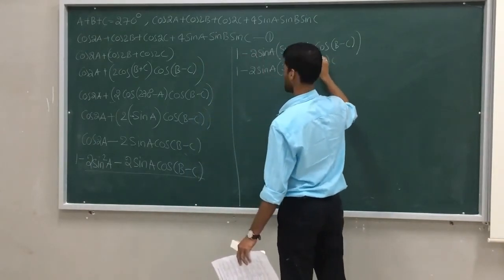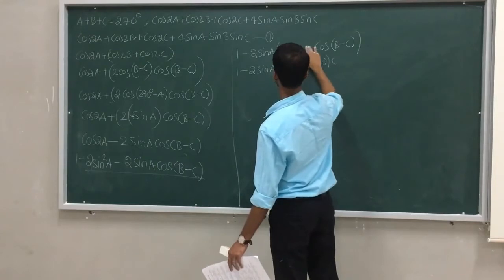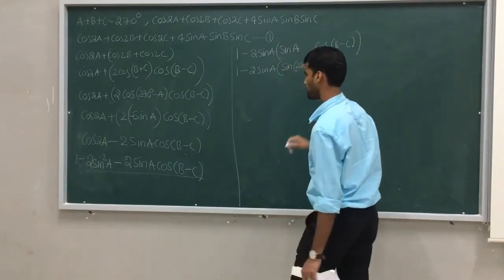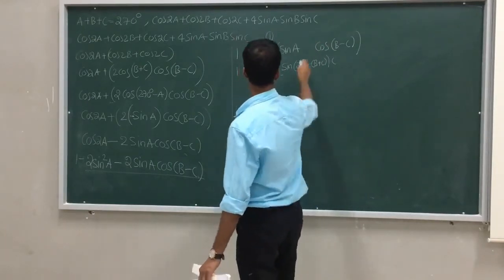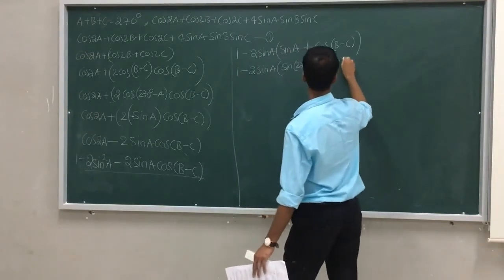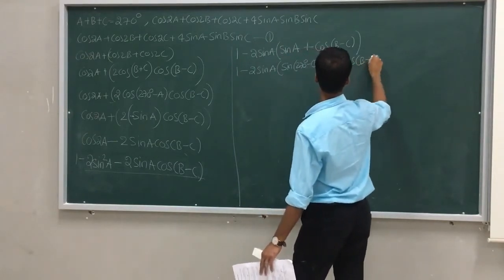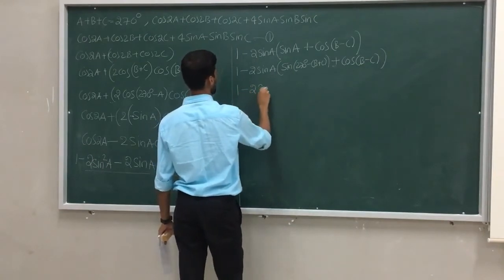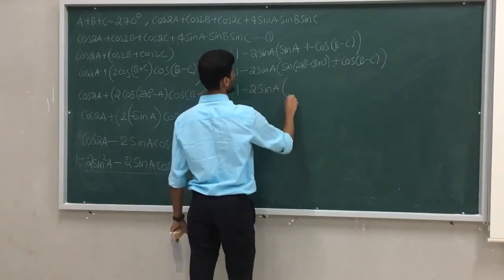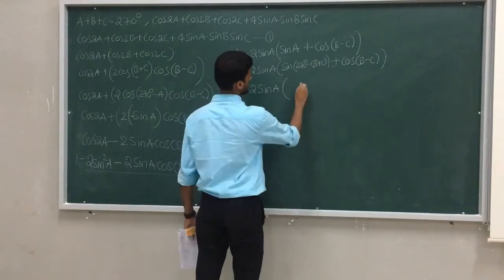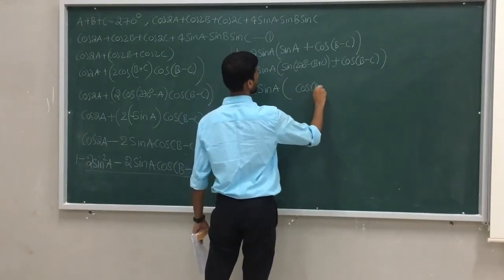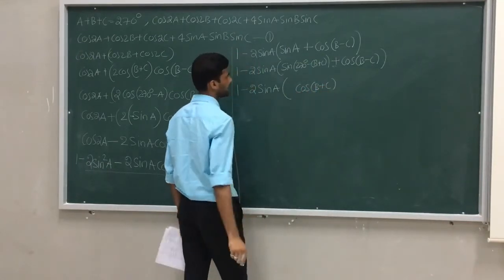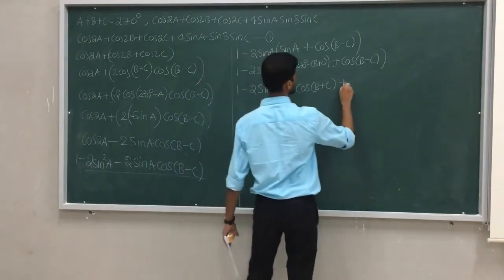So 1 minus 2 sin A into sin A plus cos of B minus C, where sin A is 3 times 90, that is cos of B plus C. In the third quadrant sin is negative.